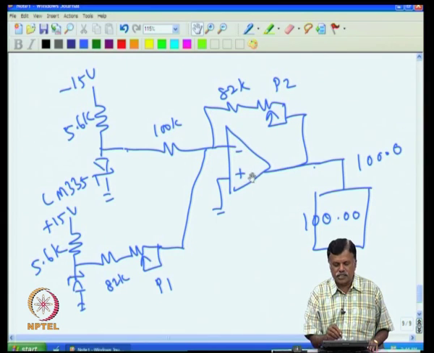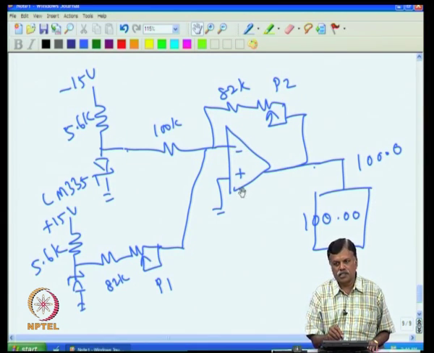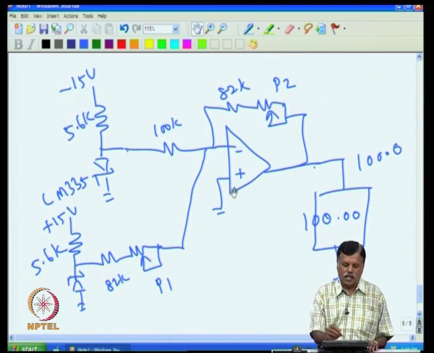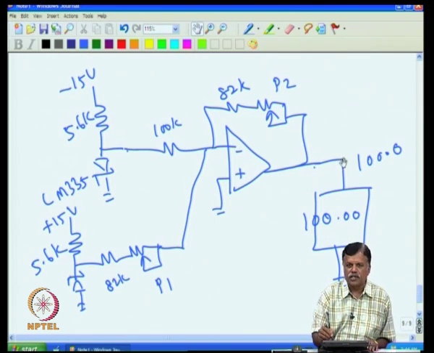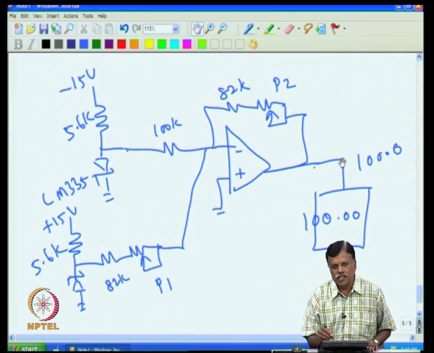And that is the error budgeting, because error budgeting is very important in analog circuits. Just designing this circuit is not of much use, because if these components drift quite a lot, and at 100 degree C instead of going to 100, it goes to 120, then you have a 20 degree error, and that will ruin the entire design.